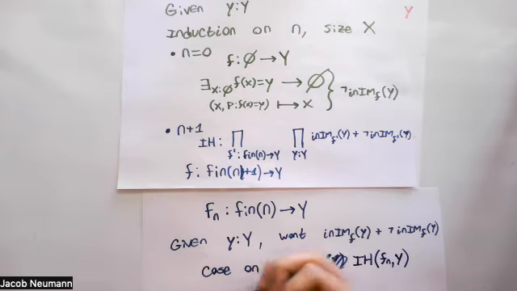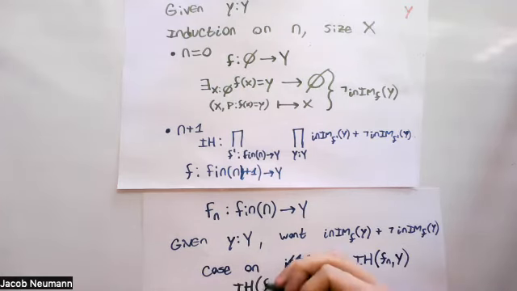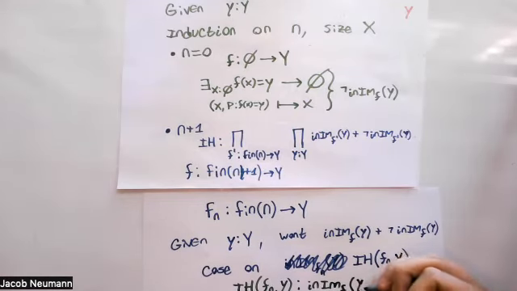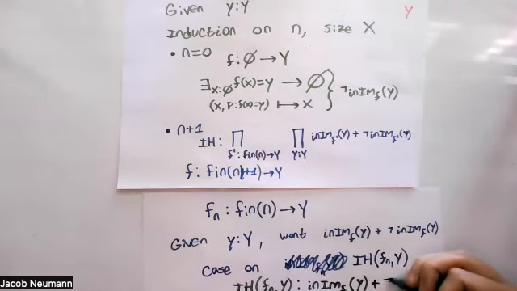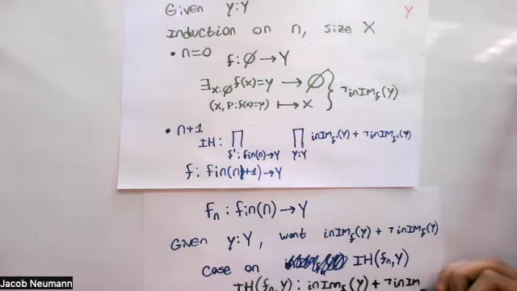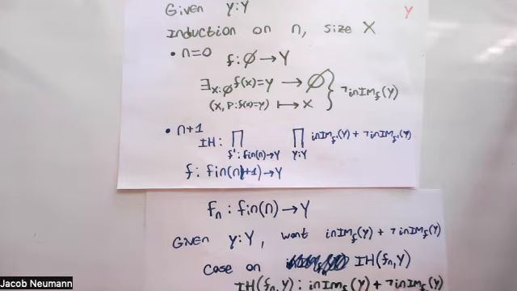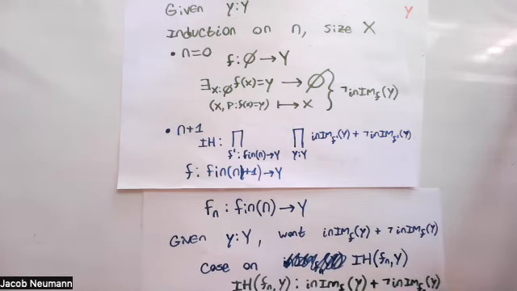And so IH of fn and y says that either y is in the image of fn at y, or not in the image of fn at y. So either y is in the inverse image of fn, so there's something in the pre-image of y under fn, or there's not.